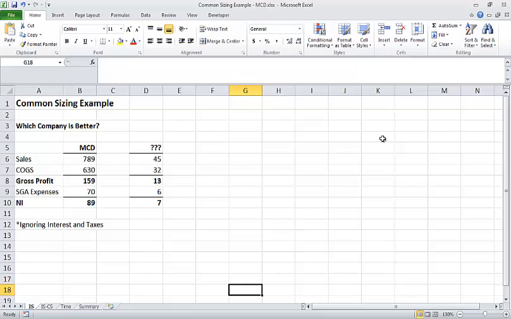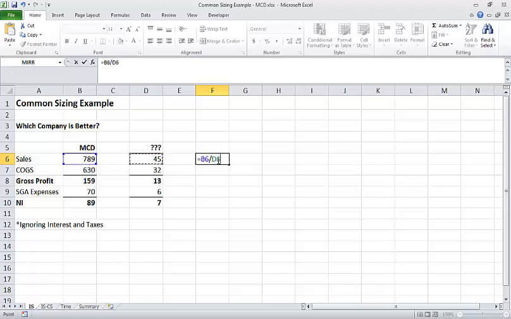Okay, now one thing we can say for sure is McDonald's is bigger, but that doesn't necessarily mean that they're better overall. And common sizing will give us more insight into the differences between these companies. So let's common size these real quick. Okay, to do it, I'm just going to take each item and divide it by sales.